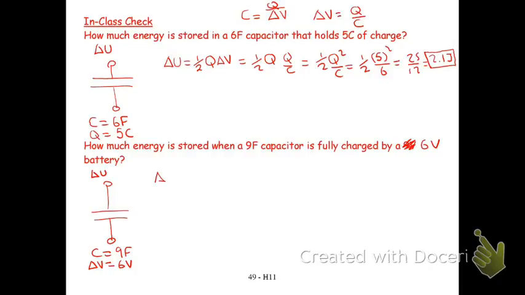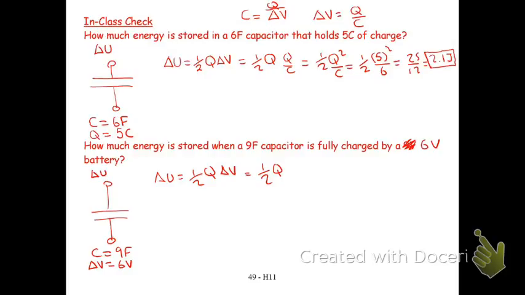So delta U is equal to what I remember, 1/2 Q delta V. And let's have a look. Oh, man, I don't want that Q in there.